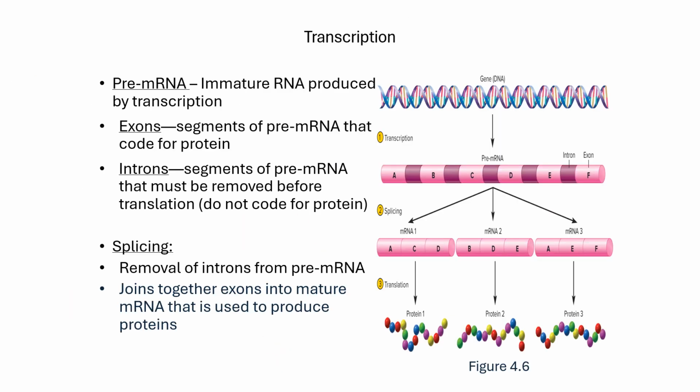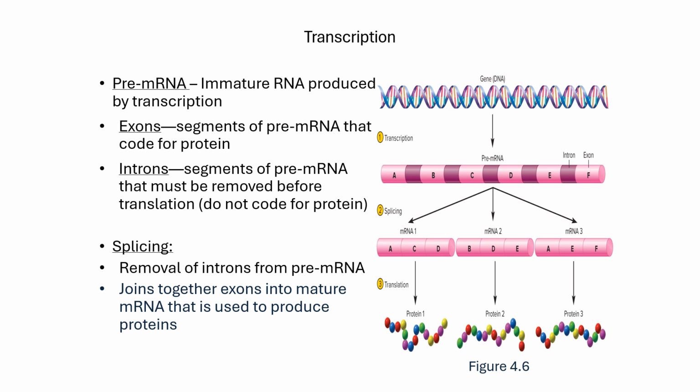After transcription, we get an immature form of RNA, and this is called the pre-messenger RNA. It's a premature version, and the premature messenger RNA contains segments called exons and introns.